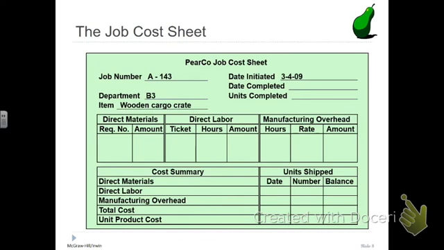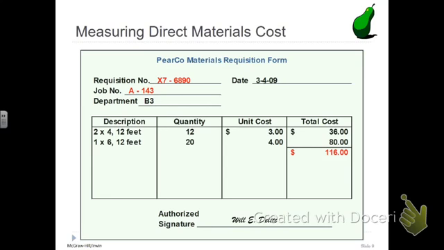Each job is going to have a job order cost sheet of some kind. This is one example. Today they're all online, but these are some of the things it's going to have. In this case, it's got a job number, the date it started, and things like that. Then as they request lumber, or whatever it is, in this case it appears to be lumber, they fill out a requisition form to go into the warehouse and take it.